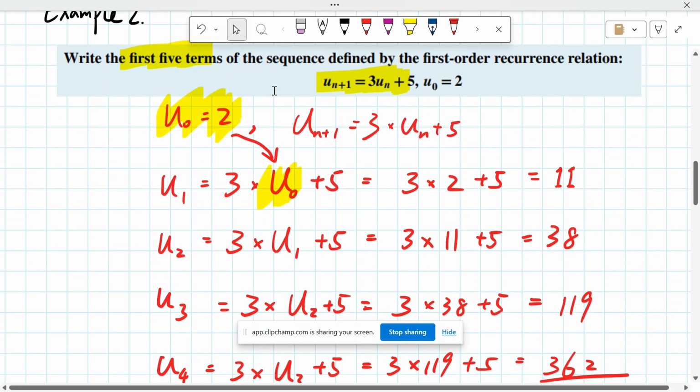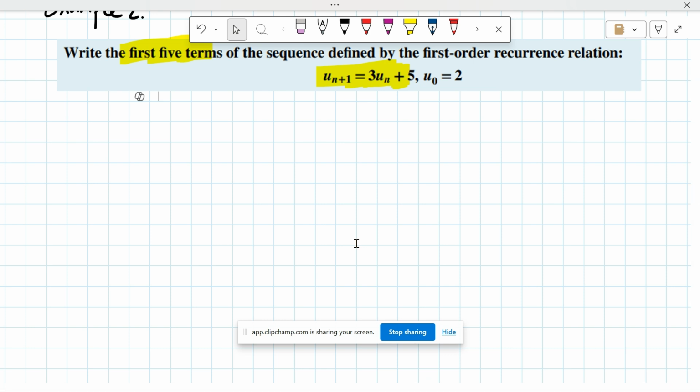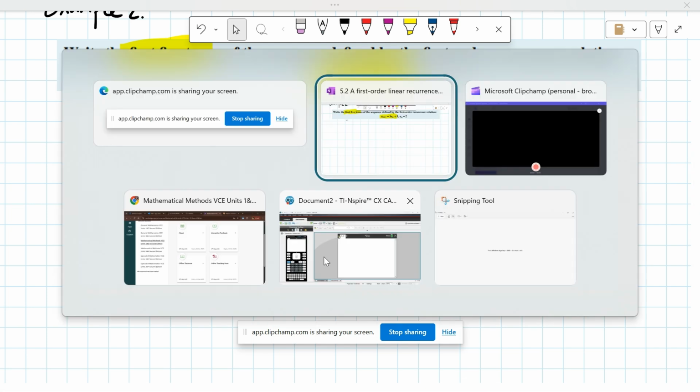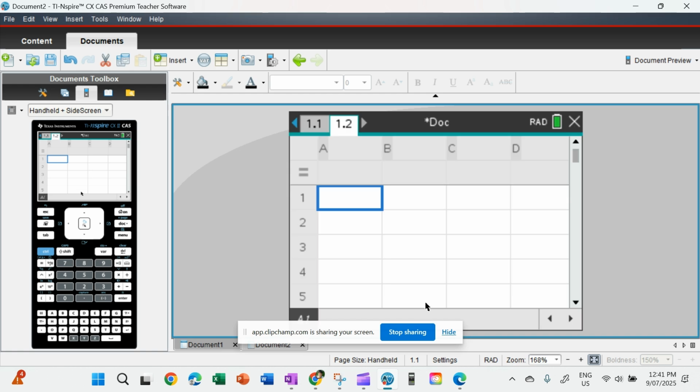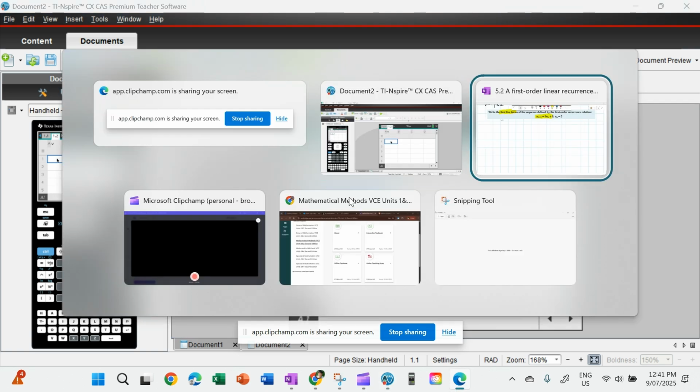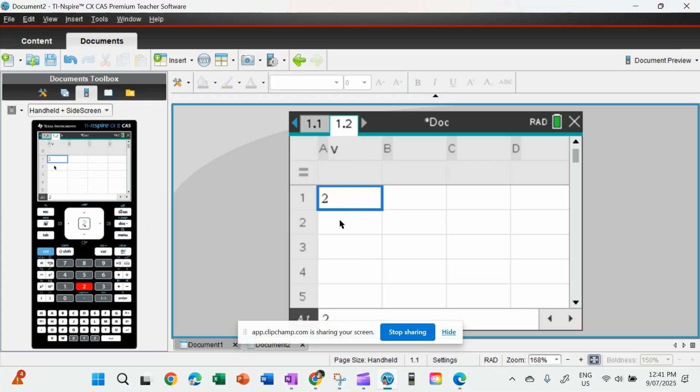Another question, which we can do using the calculator. Find the first 5 terms of the first order recurrence relation v(n+1) equals 3v(n) plus 5, with v0 equal to 2. How are we going to do that? Hopefully, most of you understand how to use the lists and spreadsheets. We start with the first term, which is equal to 2, so you write the 2 on the first line.